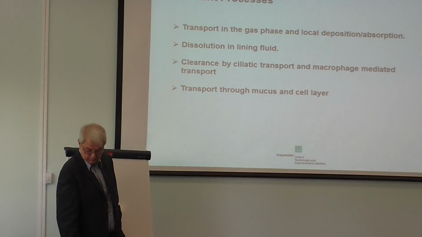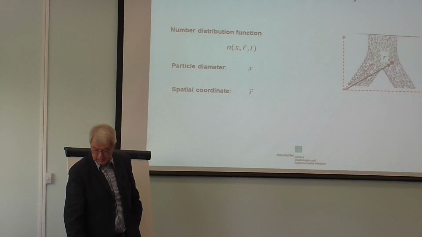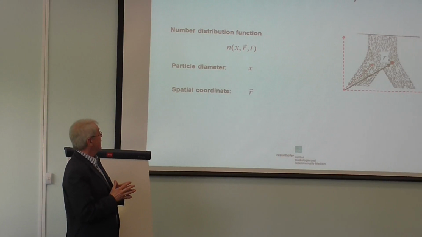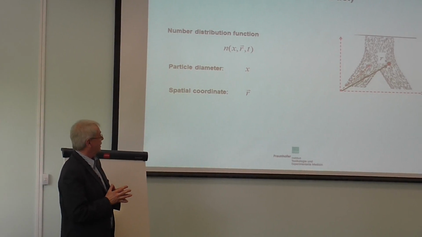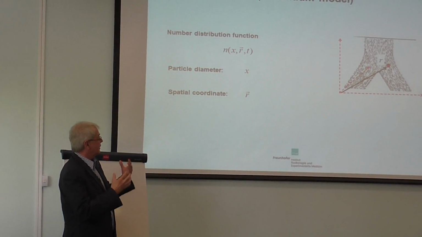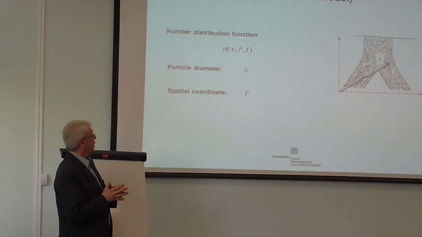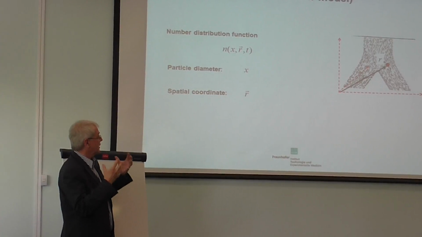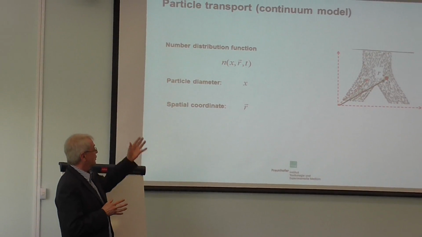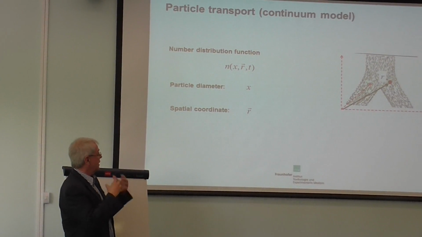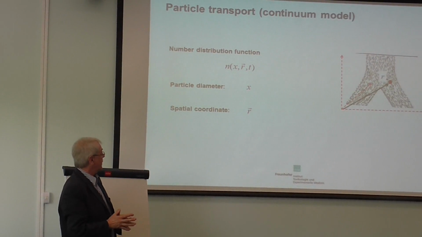So, let me go now very briefly to particle transport. How can one get a quantitative understanding of how particles are transported in the lung? For this, you have a number of distribution functions. So you inhale a certain spectrum of particles.